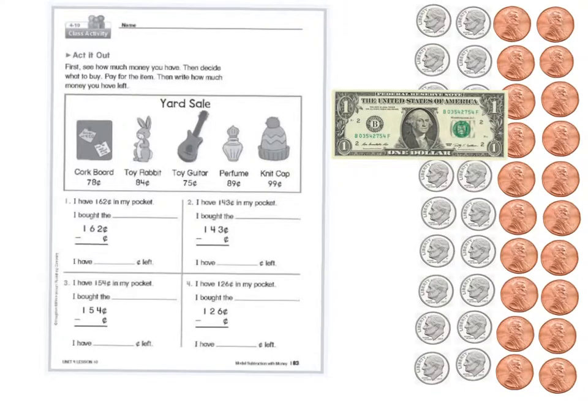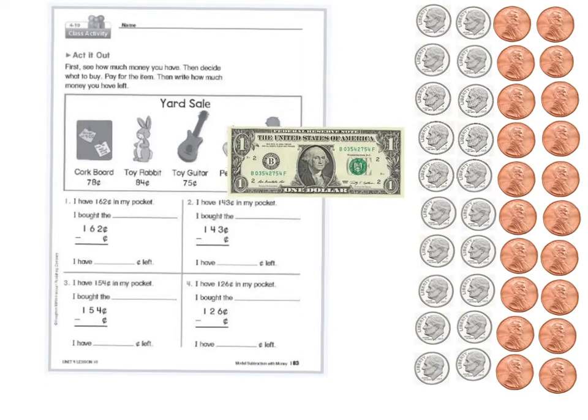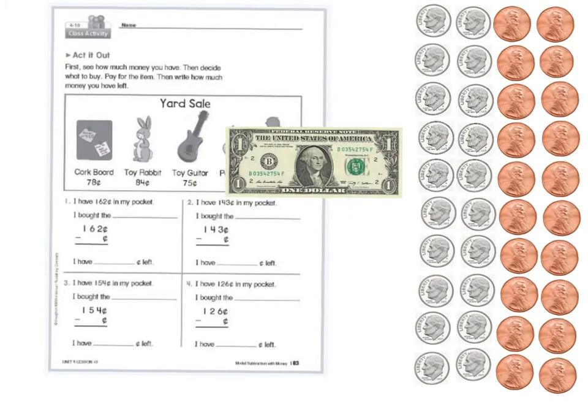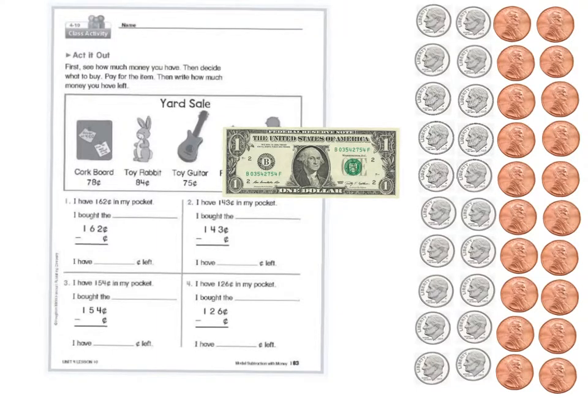Okay, for this first part of the lesson, the first thing you want to do is pull the money out of your bag and count up the money that you have. In your bag, you should have a dollar bill, some dimes, and some pennies.